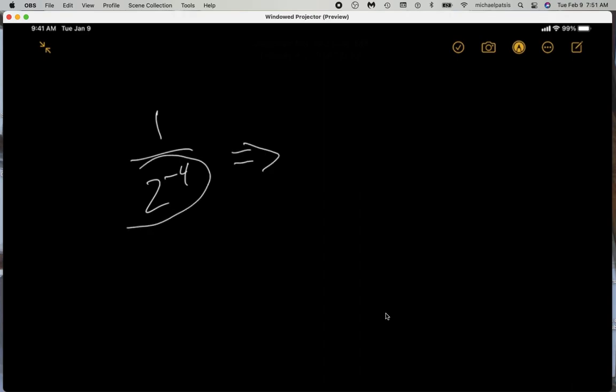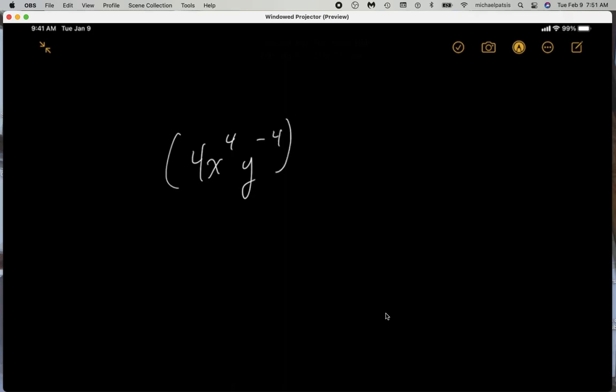Cross the line, change the sign. How about this one? Power rule. Got to make sure you apply this to all the exponents, all the factors. So now this is going to be 4 to the third, because that 4 has a hidden 1.